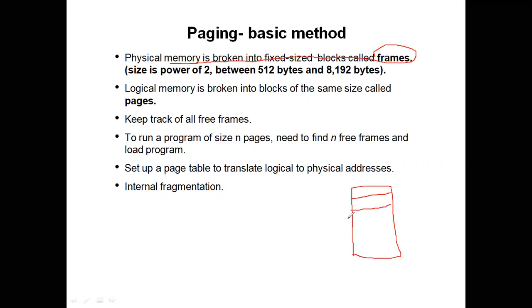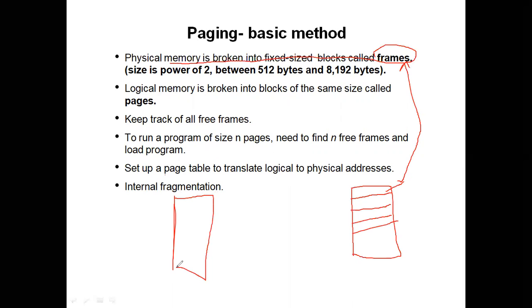Every block will be of the same size, and these fixed size blocks are called frames. Similarly, the logical address space is divided into blocks of exactly the same size, and these are called pages.